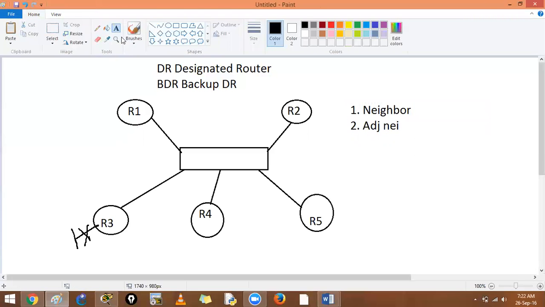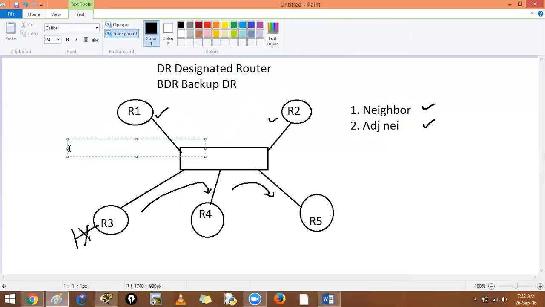See, in your neighborhood, you have two types of neighbors, right? One is a neighbor whom you just say hi bye, and one is a neighbor whom you visit on your festival days, right? So here also, neighborship, this guy will maintain neighborship with everybody. He is my neighbor. He is also my neighbor, but he will form the adjacency only with the DR and the BDR, whoever is elected.